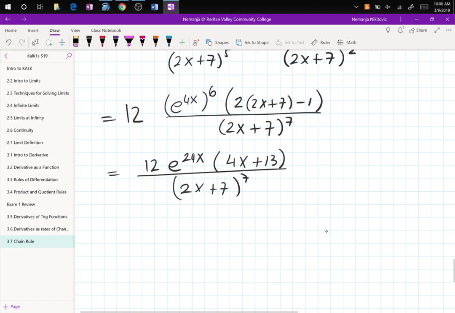Remember those algebra formulas that (ab) to the n is a to the n, b to the n; (a over b) to the n is a to the n over b to the n; (a to the m) raised to the n is a to the mn.